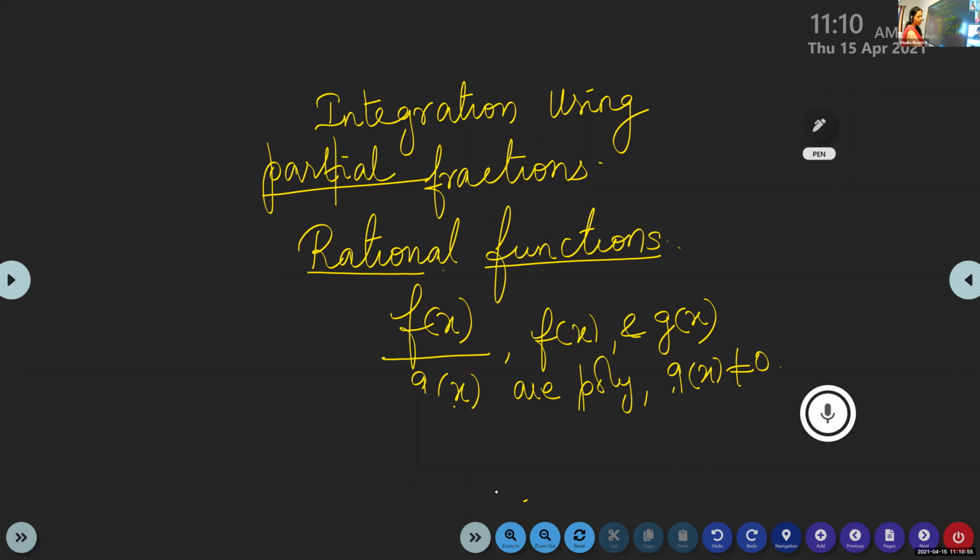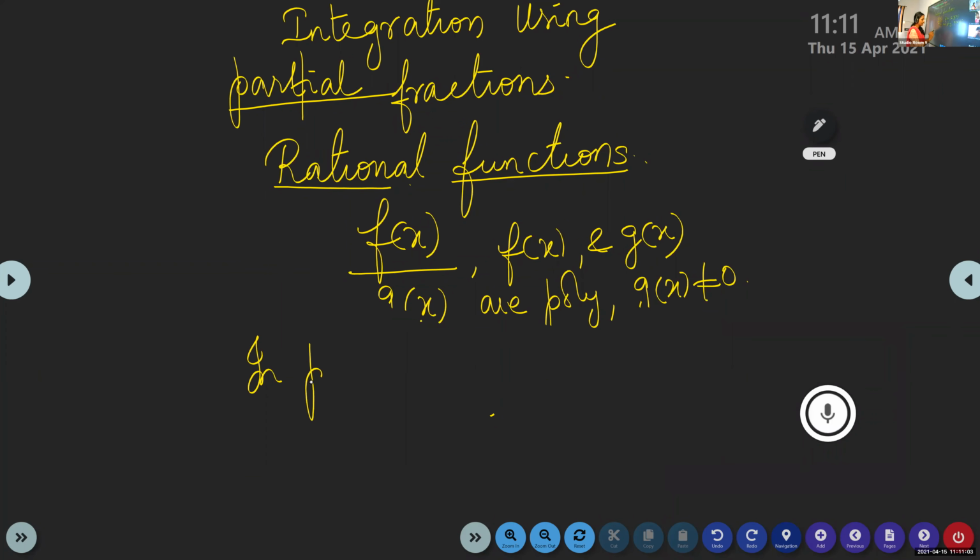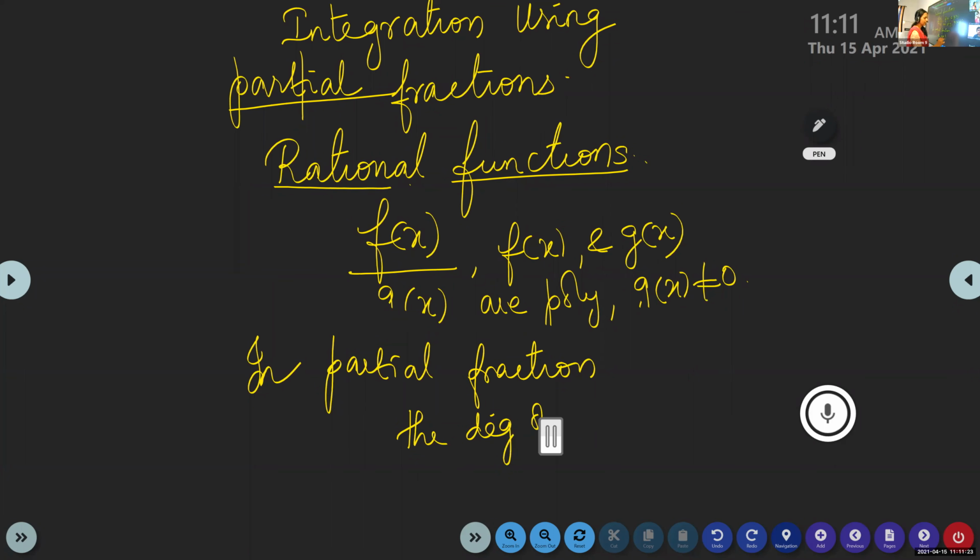One important point we'll be learning here: in partial fractions, we expect that the degree of the numerator, f of x, must be less than the degree of the denominator, g of x.